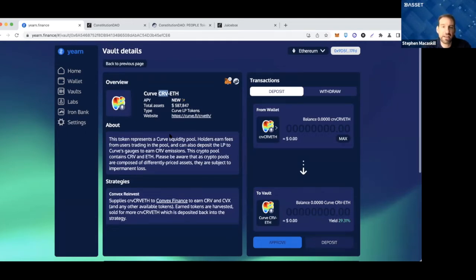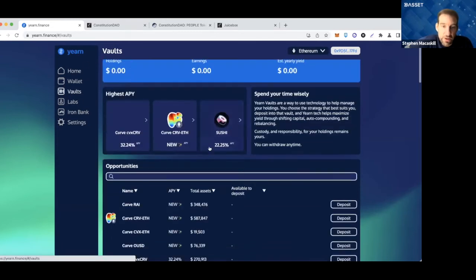Depending on the strategy behind the scenes, they may add additional vaults or additional liquidity pools to this vault to essentially automate the transfer of funds from one pool to another. So essentially, I'd have to buy Curve and ETH to deposit into this vault. So I'm not going to do that.